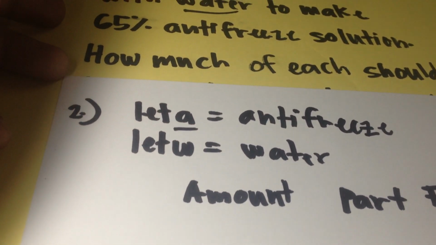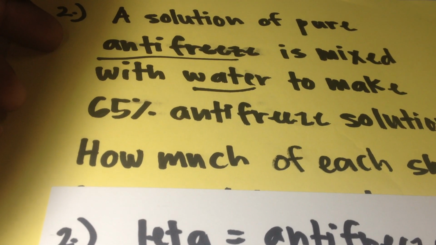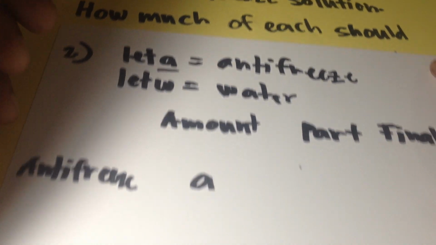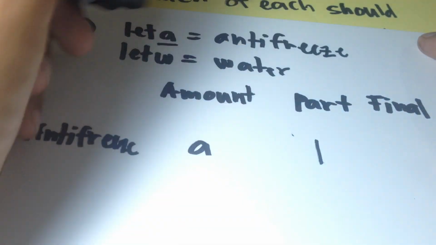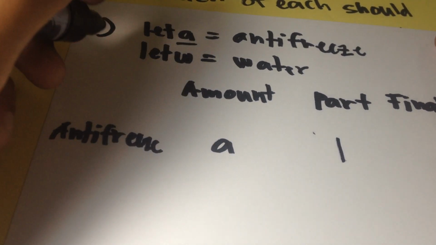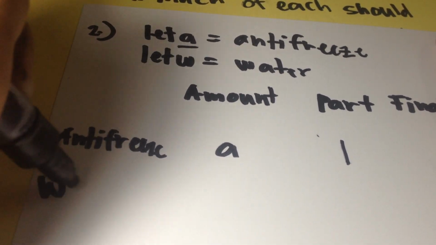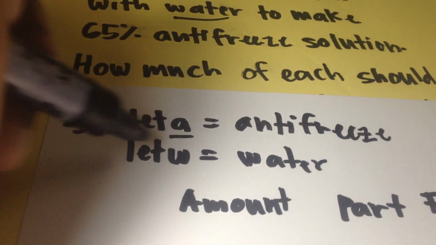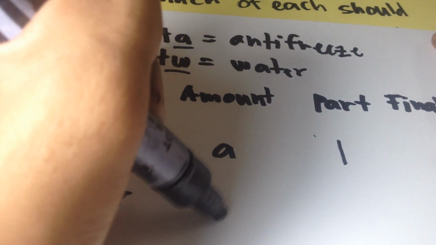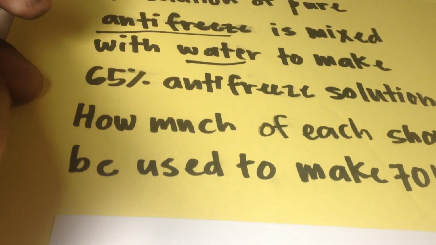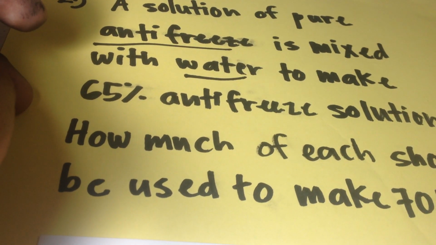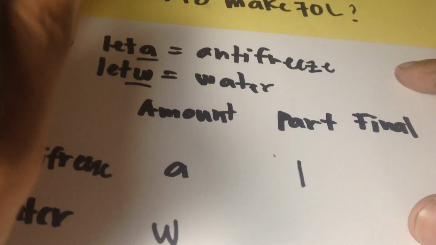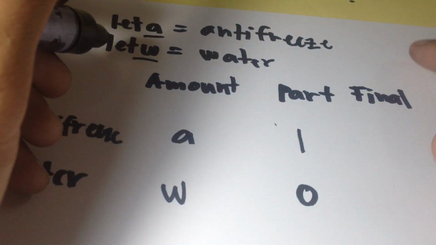And the part is 1. There's no other given, so you put a 1 here. And how about the water? Water, which means you write W here. Since it's water, the part is 0.